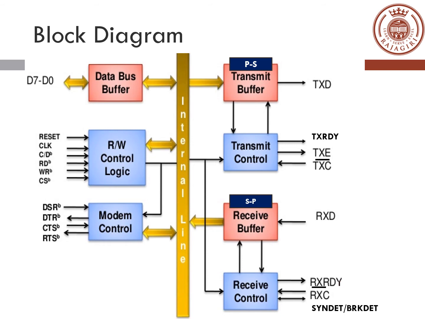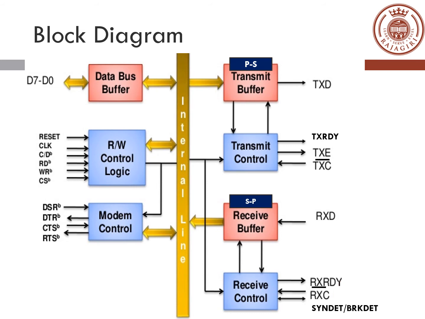On the receive side, there is receive ready, which is RX ready, going to the modem, and there is the RX clock and also a control input saying sync detect or break detect, which is for synchronizing the various characters being sent. The transmit control and the receive control have control lines internally generated from the read-write control blocks.